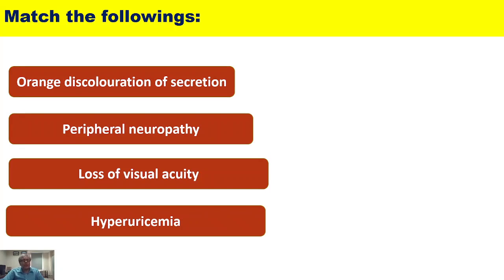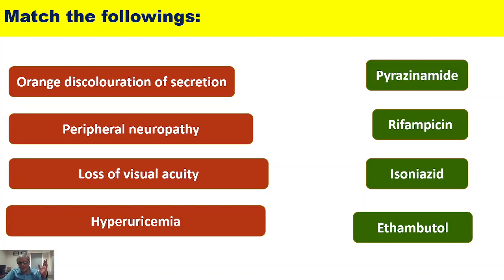Now again match the following. Different adverse effects of the anti-tubercular drugs are given: orange discoloration of the urine, peripheral neuropathy, loss of visual acuity and hyperuricemia. And the options are pyrazinamide, rifampicin, isoniazid and ethambutol.